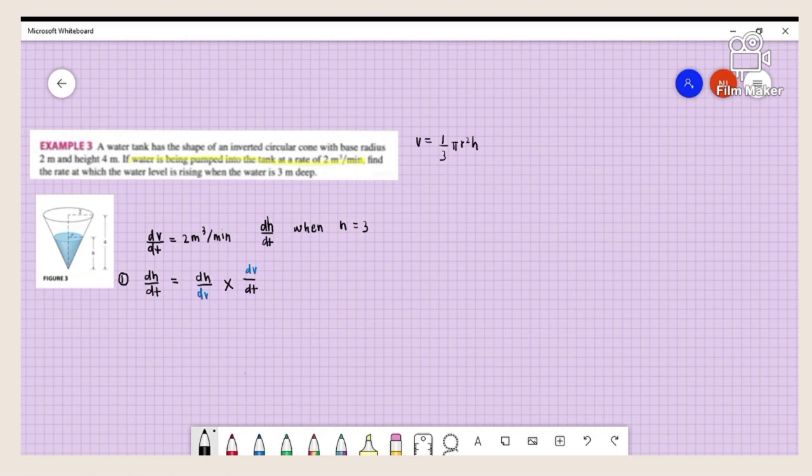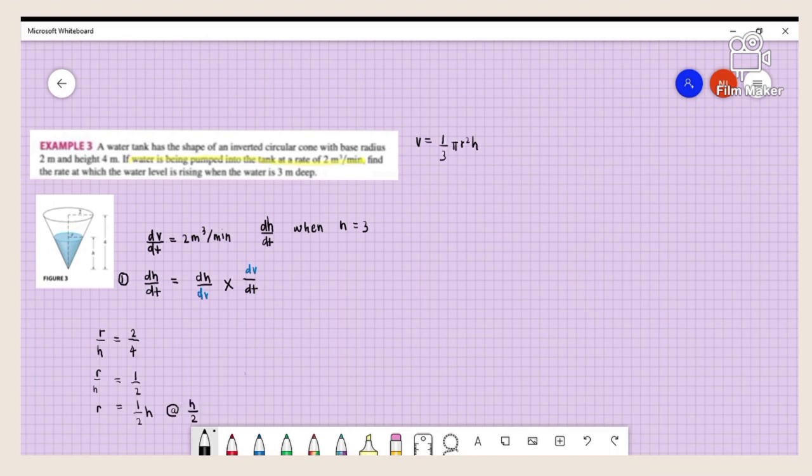In order to find r, we do it like this. r over h is equal to 2 over 4. So r over h is equal to 1 over 2. We bring h to the right-hand side, so r is equal to 1 over 2 h, or h over 2.